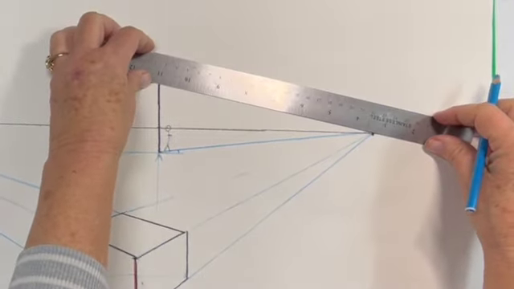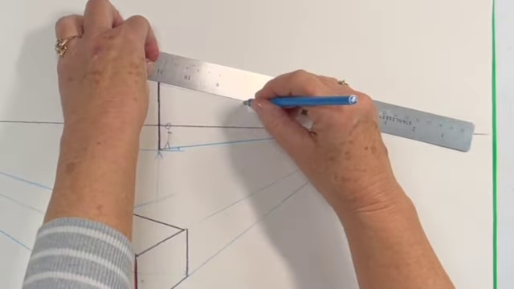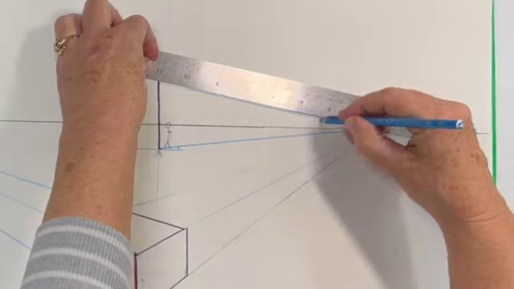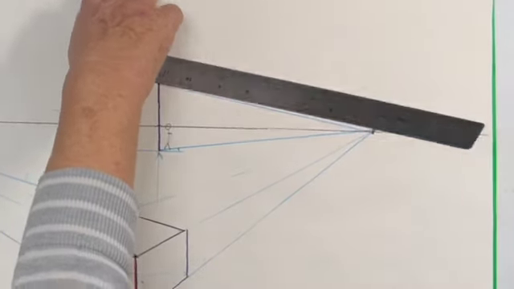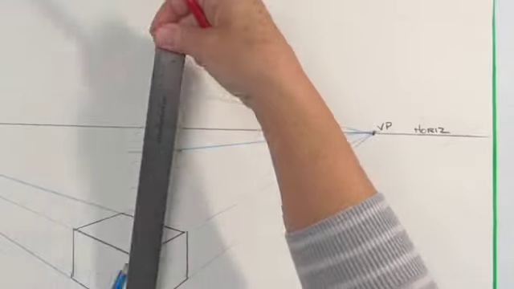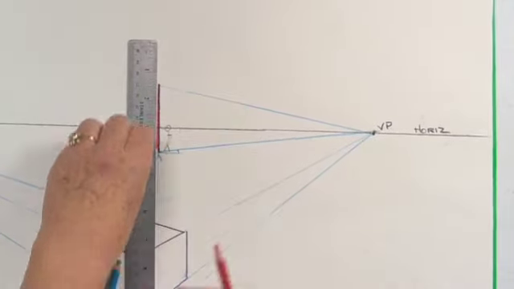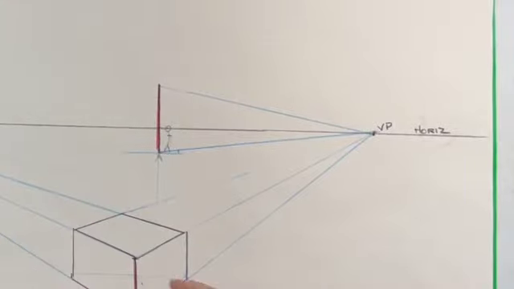So this roof line needs to go to the same vanishing point over here. Again, we remember we deal with one side at a time. Here's our primary line. Primary line, there it is. So we're heading off this way.